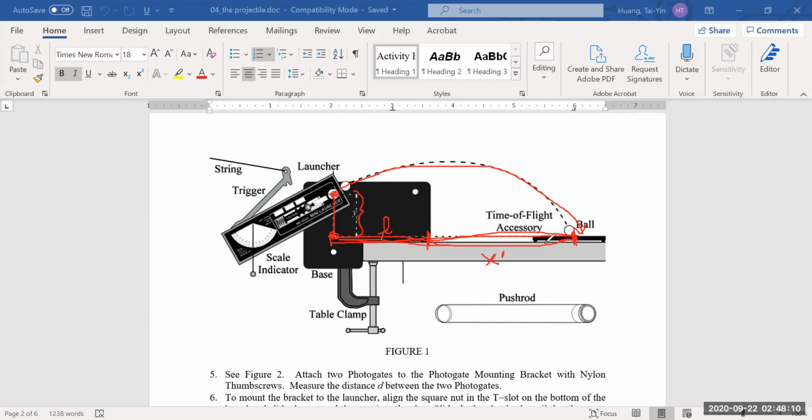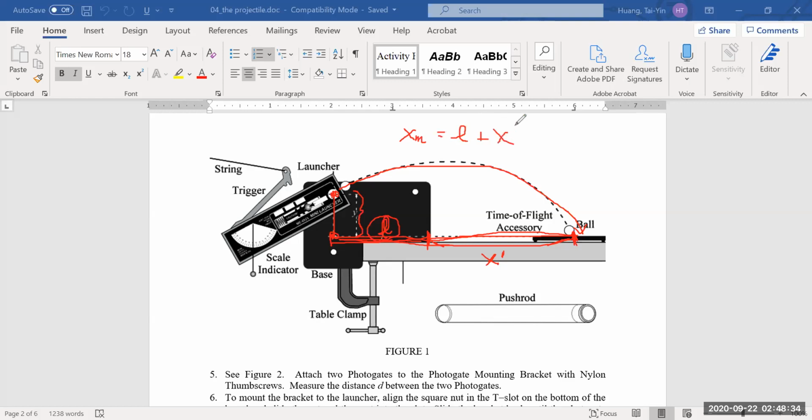This is your X prime. Of course, it's not your horizontal displacement, because your horizontal displacement should also include this L. This L will be given to you. So the experimental value of the horizontal displacement of the projectile is x m equal to L plus X prime.